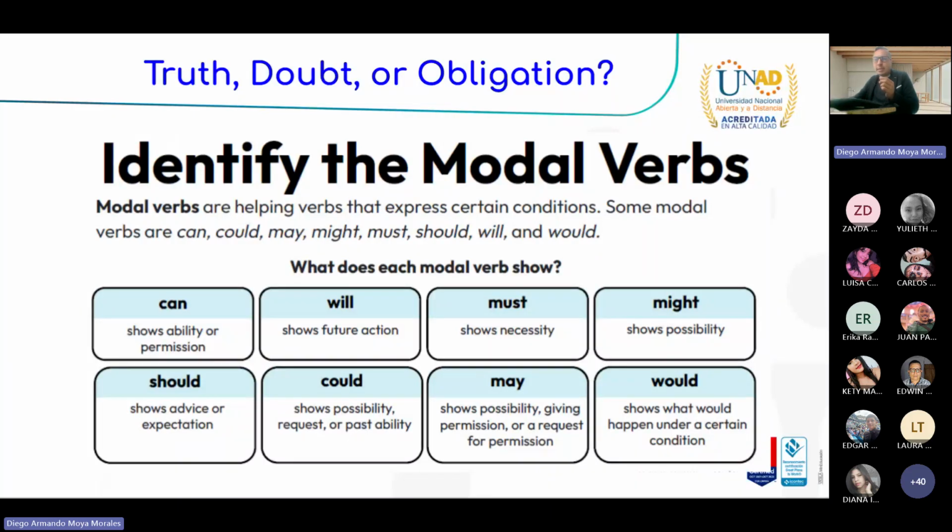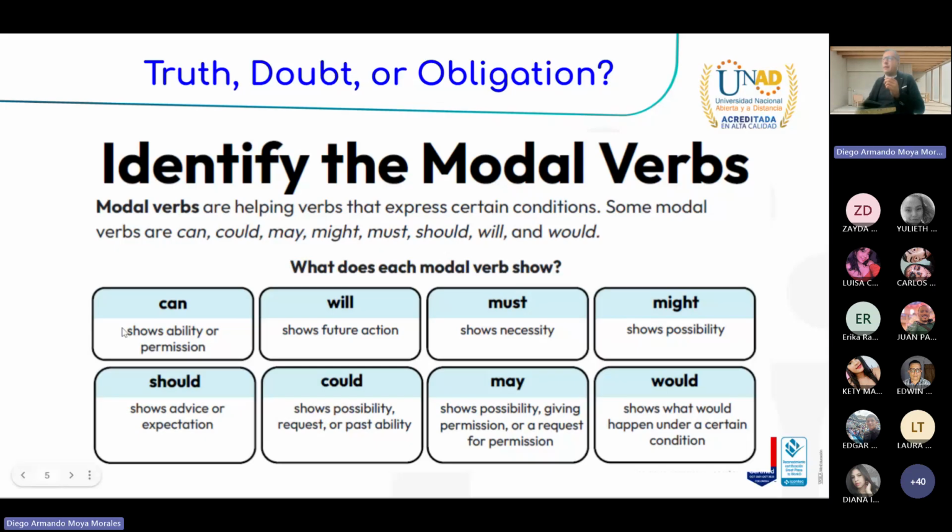Then we have might. Yes, remember might. With might, we express a level of possibility, and might is kind of formal, right? Remember that with the modal verbs, we talk about formality, something that is formal or informal.